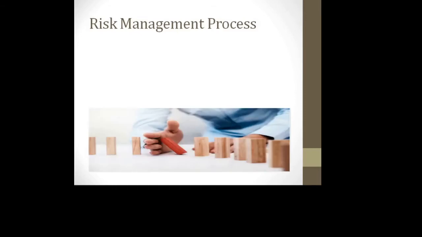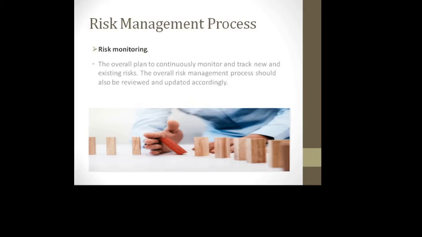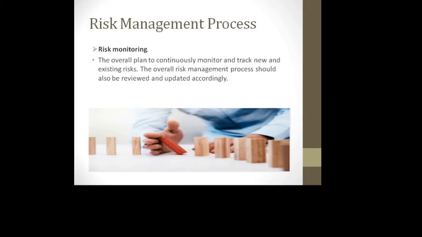The last one is risk monitoring, which is very important. Risk monitoring is actually a part of the mitigation plan, which includes following up on both the risk and the overall plan to continuously monitor and track new and existing risks. The overall risk management process should also be reviewed and updated accordingly.